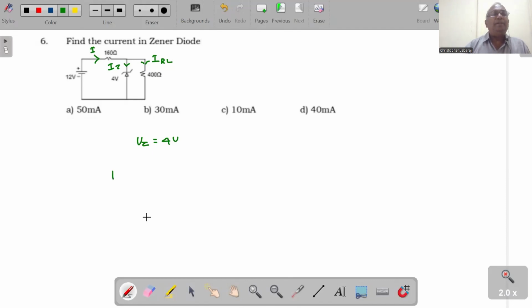Here there is a 12 volt. 12 minus 4 volt, that is Kirchhoff's second law. This is 12 volt minus 4 volt. It is minus because it is opposite to the direction.